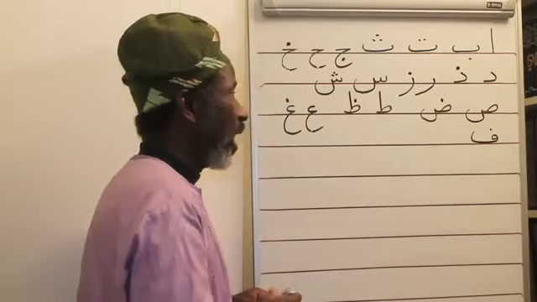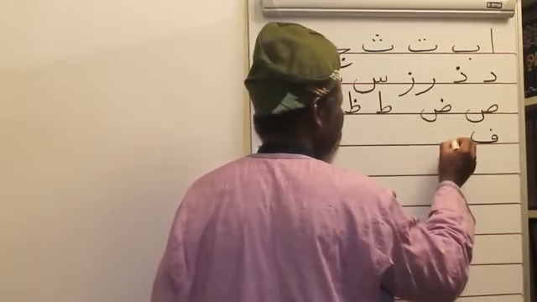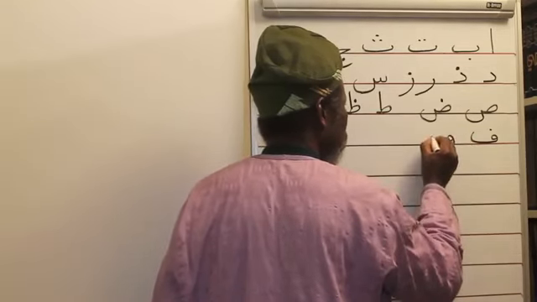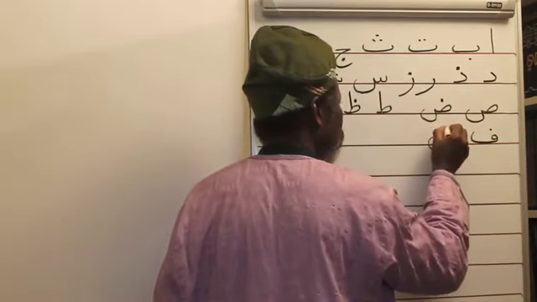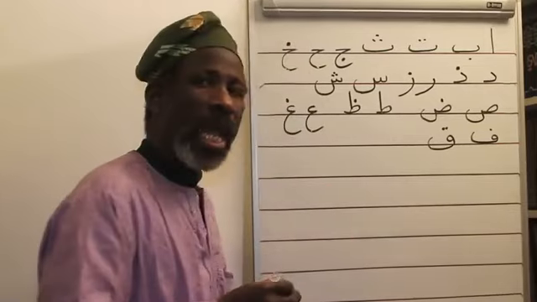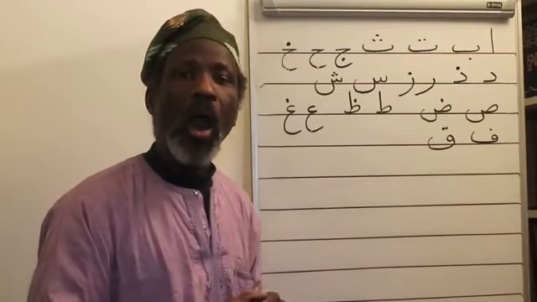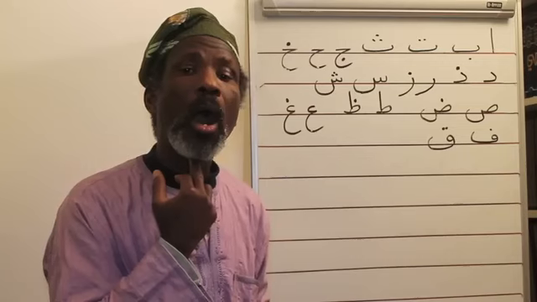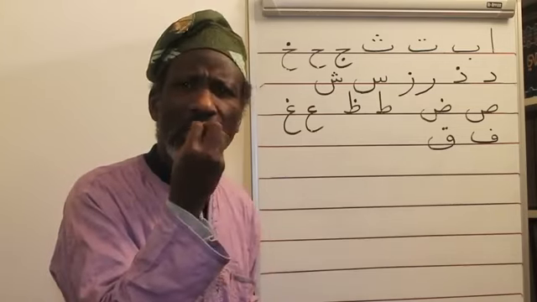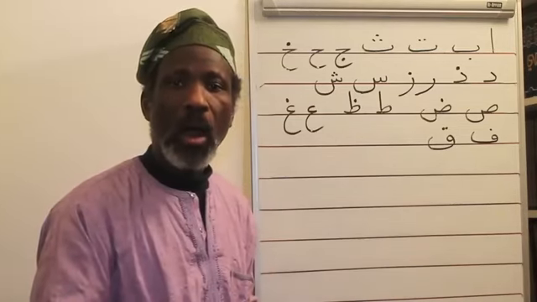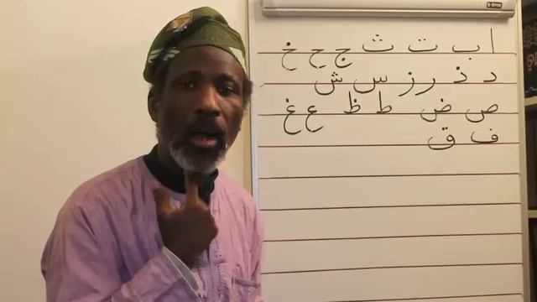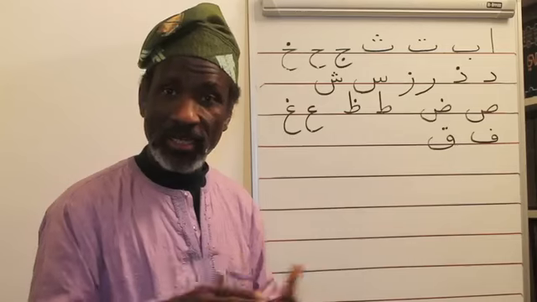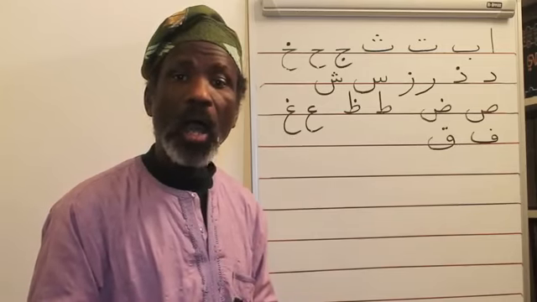The next in the family is slightly deeper than the fa, with two dots on top of it, and that's qaf, like in coffee, coming back from the throat, with the mouth slightly open. Qaf. So fa, that's easy, and then qaf.